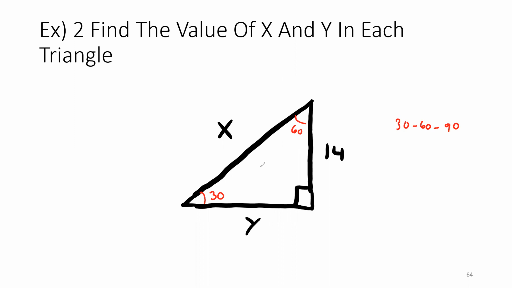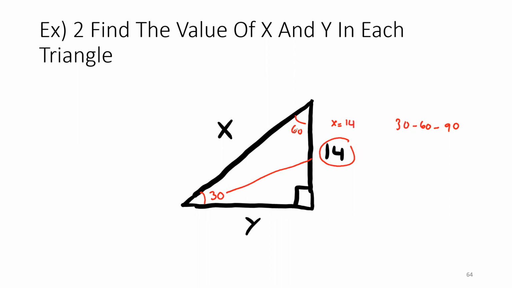So how do you find x and y? So, okay, let's look at 14. 14 goes with the angle 30, right? And according to the rule, the smallest angle is your smallest leg, or your x value. So your x value is 14.